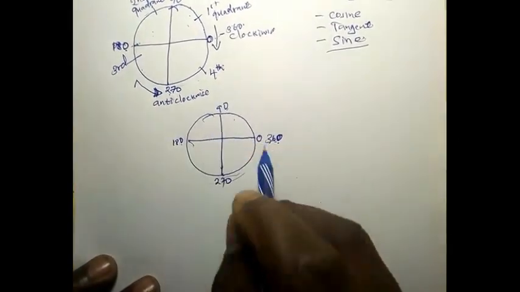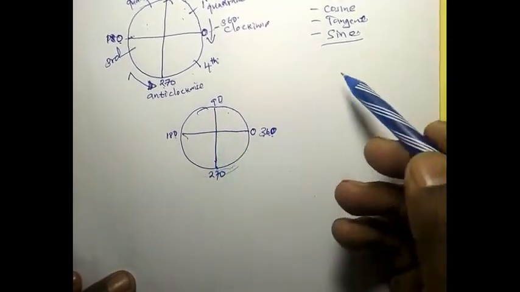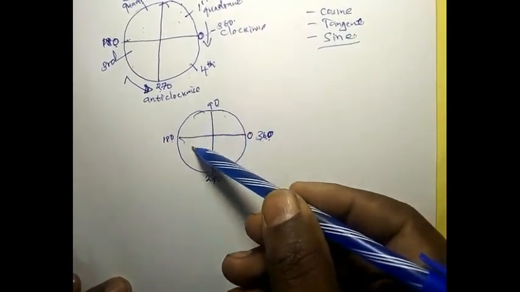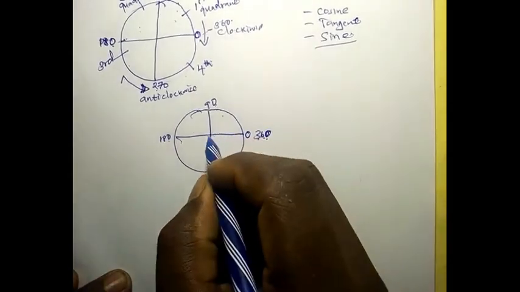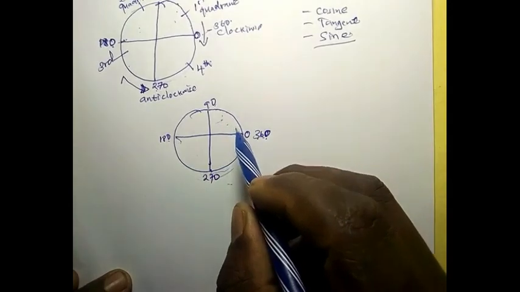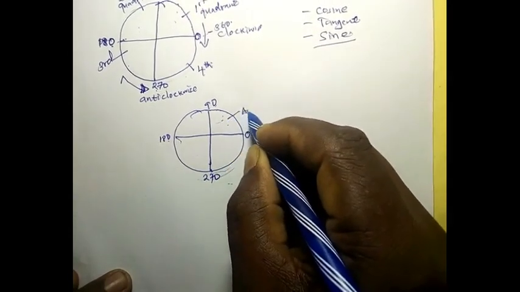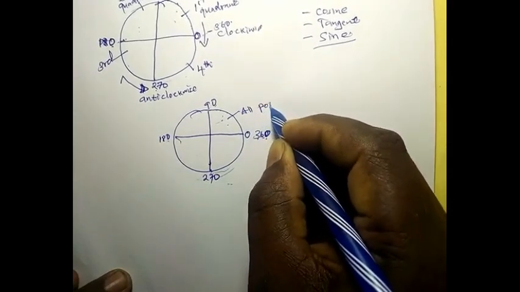Now in this unit circle, we represent the trigonometric ratios in this way. Here in the first quadrant, all of them, the tangent, the cosine, and the sine, are positive.